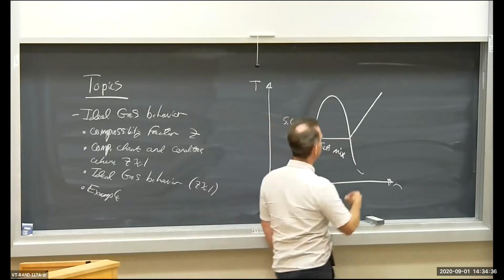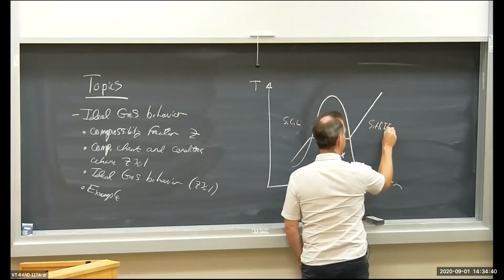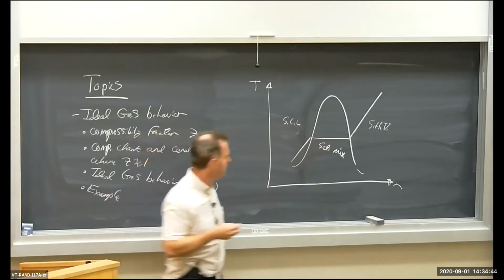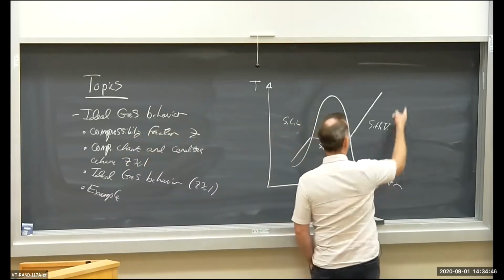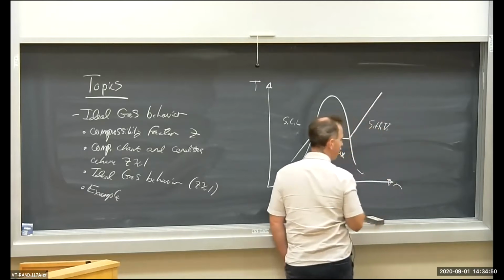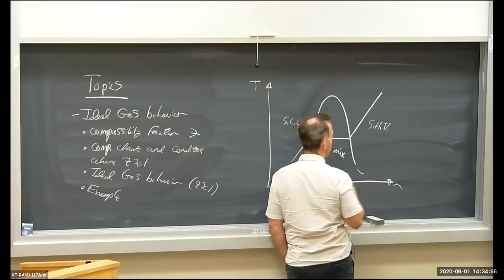And then out in here, we have superheated vapor. What we finished off last time was that to get properties of a superheated vapor, we use what are called superheated vapor tables. Sometimes they're called steam tables if we're dealing with H2O.